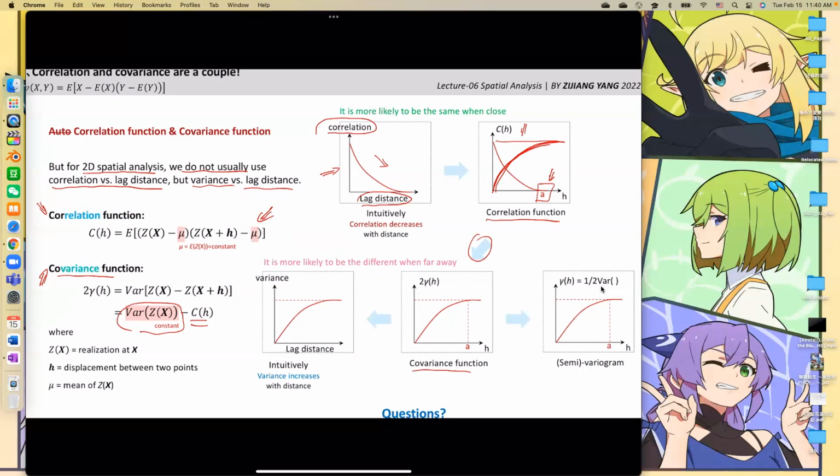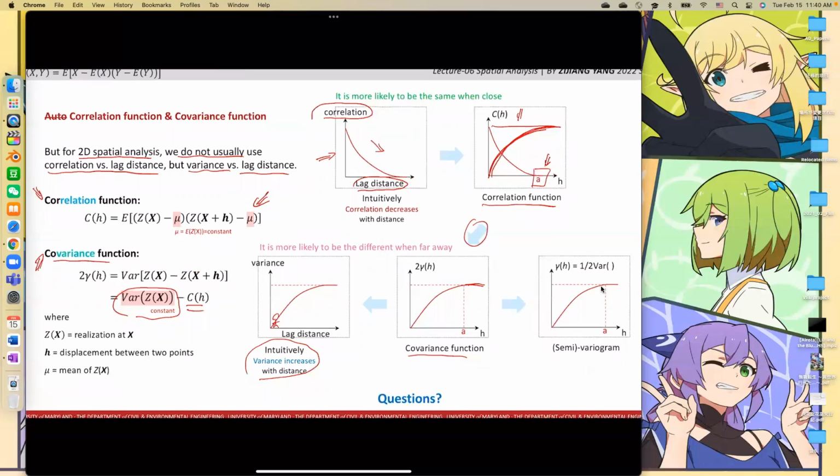And we can see the covariance just increases up to a maximum value. Intuitively, we can see that the variance between us increases with distance. So if you are going far away from me, it is very likely for us to be different. But if you are close to me, the difference between us will be relatively small.